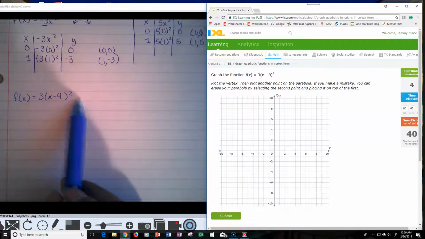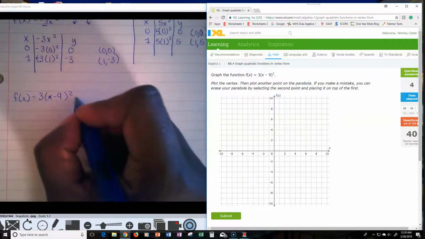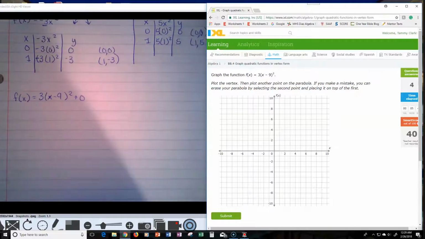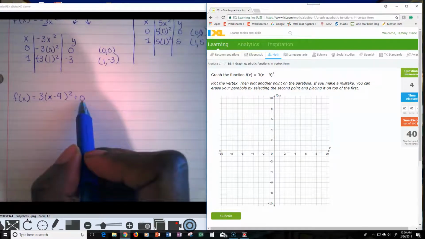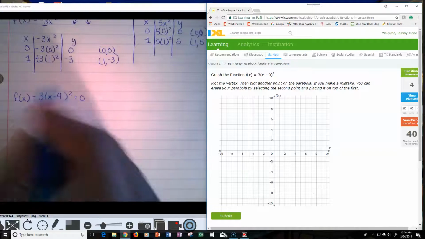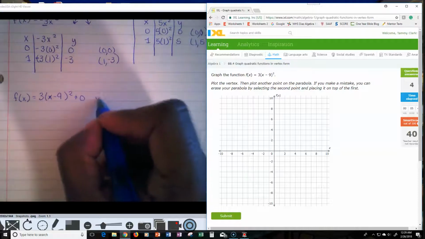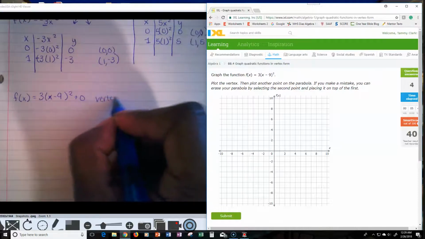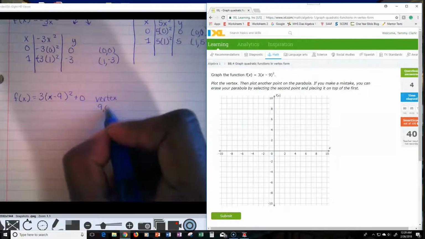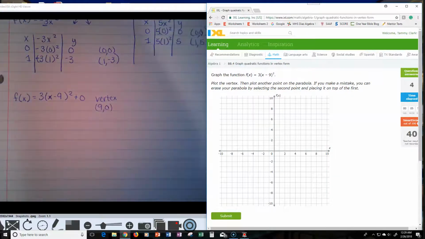But we also know that it's not going to move up or down at all because there's no k out here. There's no plus or minus anything. So if it helps you, you could just put plus 0. Now, if you put plus 0, you automatically know that your vertex is going to be 9, 0. And we'll just kind of prove it.